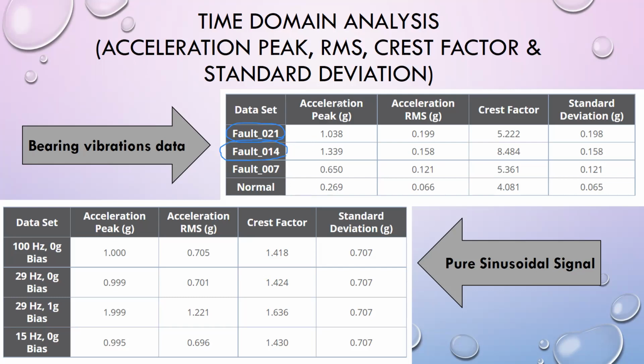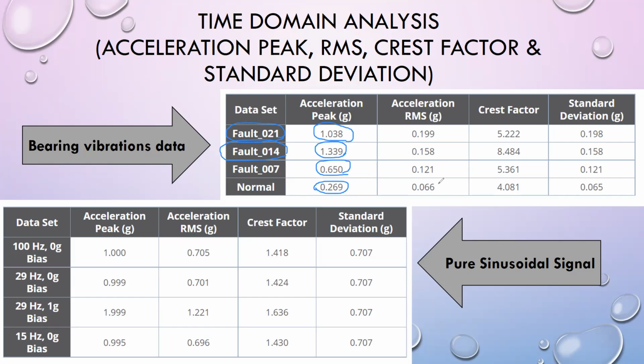We have the acceleration peak. If you compare, you can see in the normal bearing, the peak acceleration is 0.269, and it significantly increases when we have a fault in the system. So by checking this parameter, you can check the health of your system and monitor the behavior.